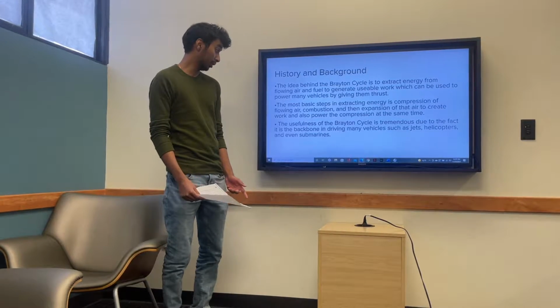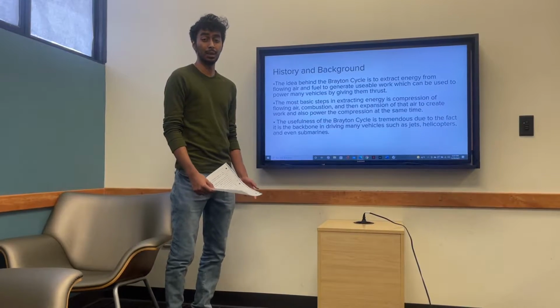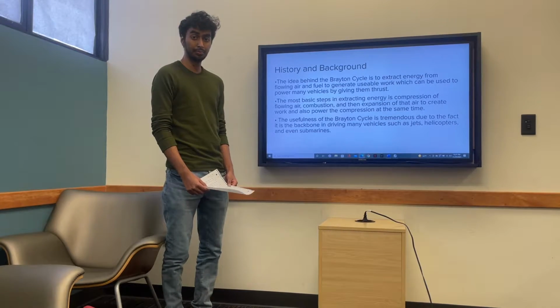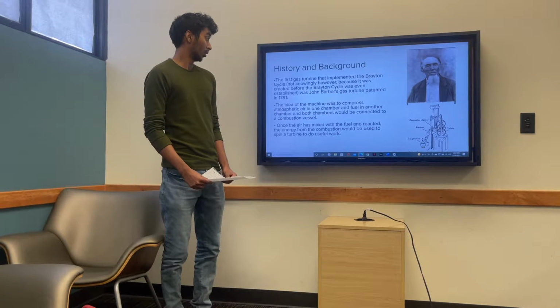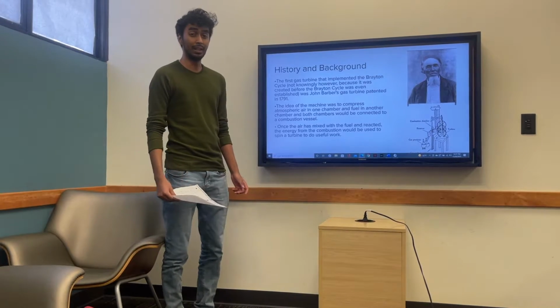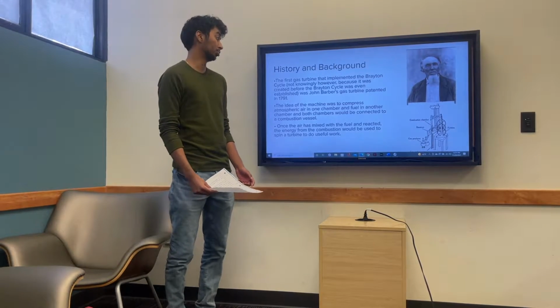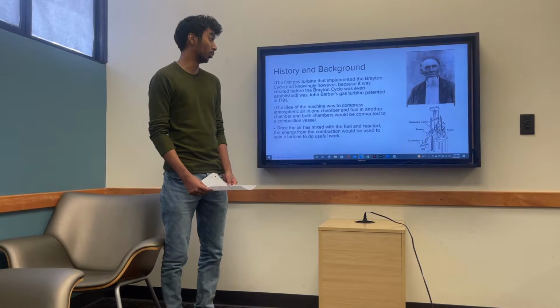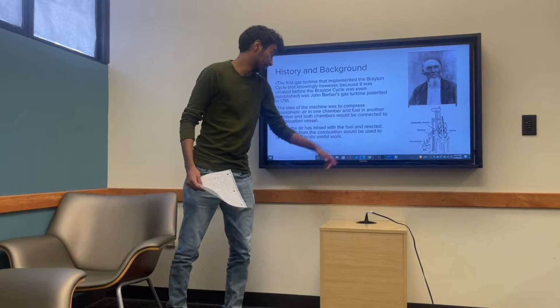The usefulness of the Brayton cycle is tremendous due to the fact that it powers many vehicles such as jets, helicopters, and even submarines. The first gas turbine that implemented the Brayton cycle was actually John Barber's gas turbine, patented in 1791, as you can see here.